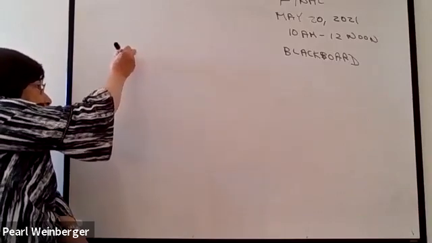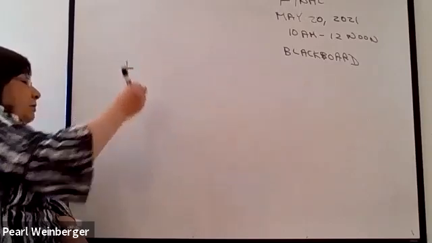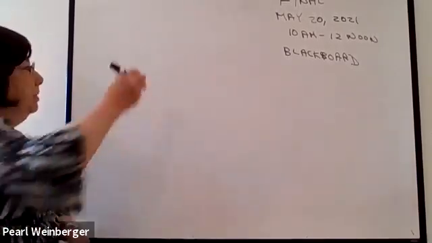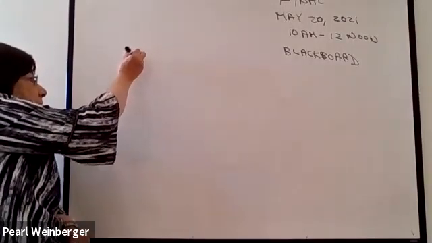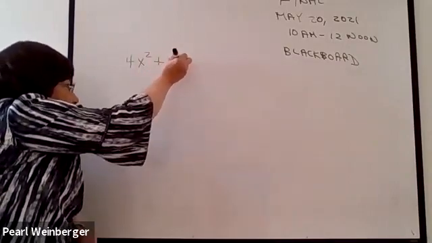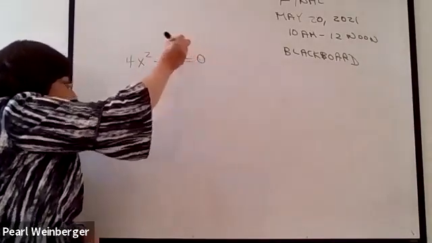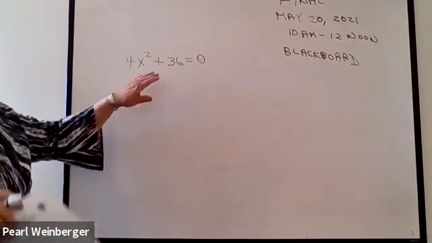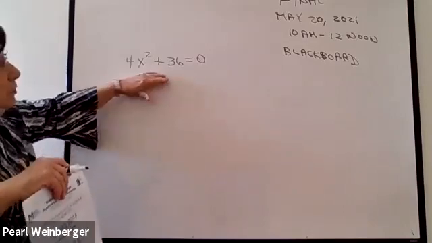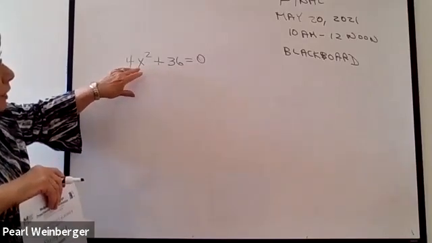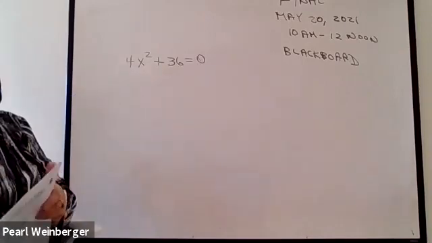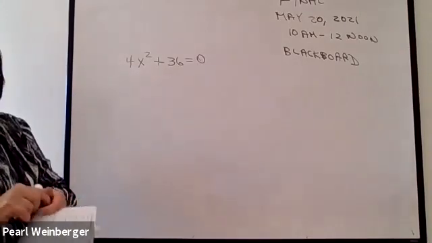You can see it's the end of the term. My markers are all running out. Suppose I gave you 4x squared plus 36 equals 0. I'm going to give you a few minutes to solve this quadratic equation. It's really what we call an incomplete quadratic equation because it doesn't have an x term, it just has an x squared. Let's see if you can solve that equation.